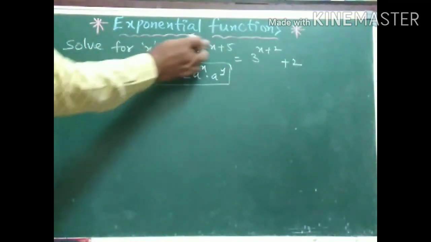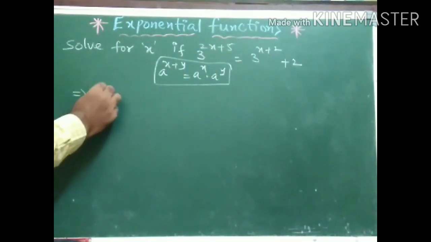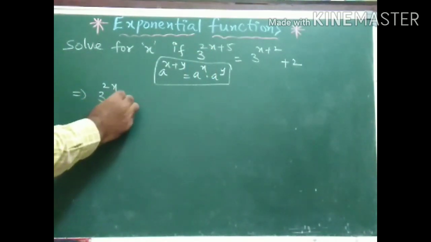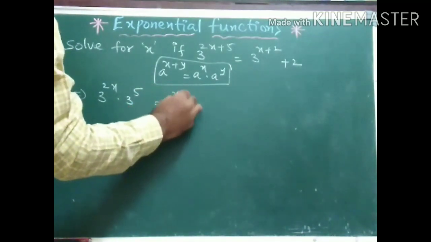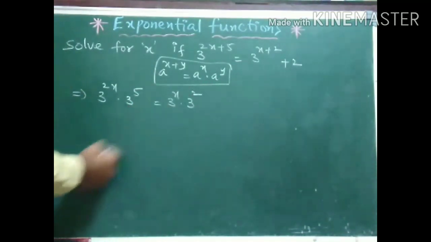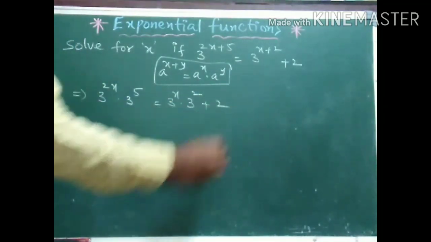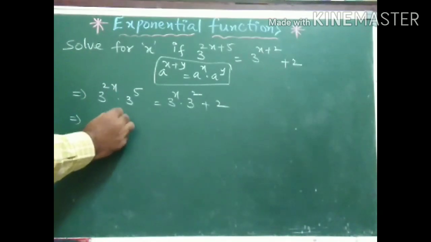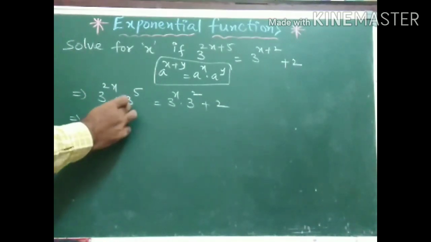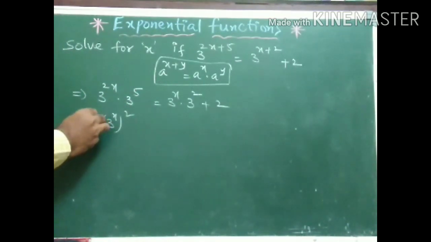According to that, I can write this as 3 to the power of 2x into 3 to the power of 5, which is equal to 3 to the power of x into 3 square, plus 2 is common. Now this is 3 to the power of x whole square, and 3 power 5 is equal to 243.